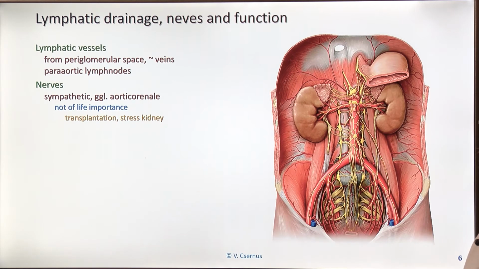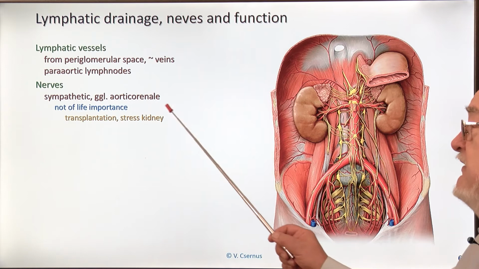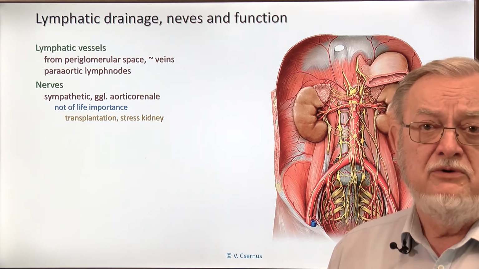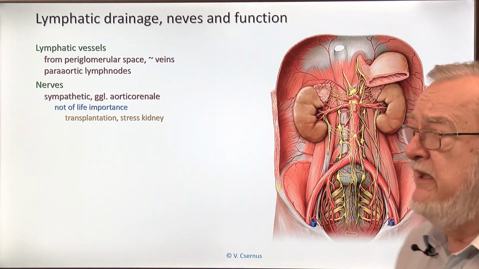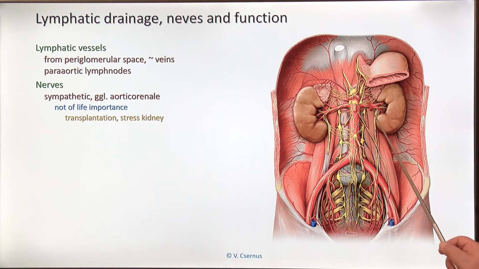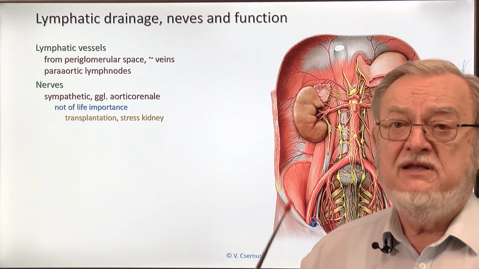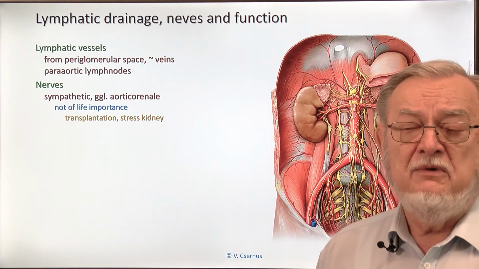So if you transplant the kidney, we cut a nerve, and it does not regenerate, the kidney is functioning pretty well. Moreover, we might have a problem with that. If you're undergoing strong stress, then under this distress, the arteries of the kidney can shrink, and the blood supply of the kidney can be reduced beyond the tolerable level.